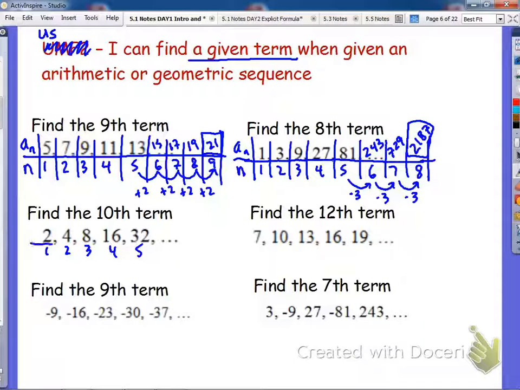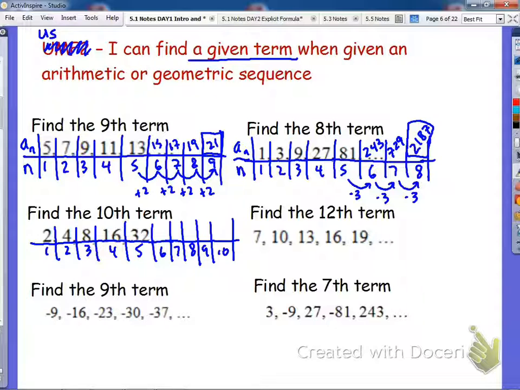1, 2, 3, 4, 5. Okay? So this is 6th, 7th, 8th, 9th, 10th. Okay, so what am I doing to get these terms? I'm multiplying by 2. So I'm going to multiply by 2 times 2 times 2 times 2 times 2.